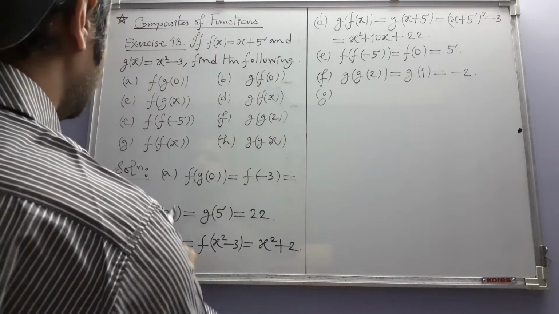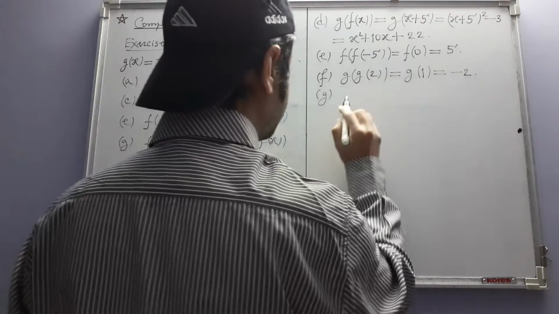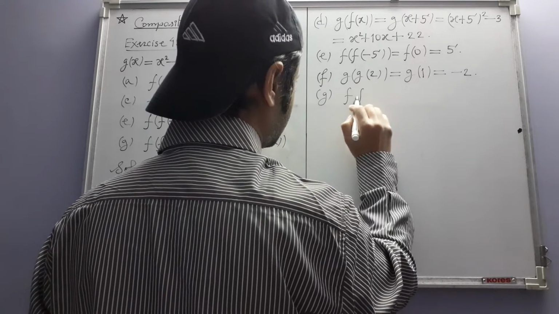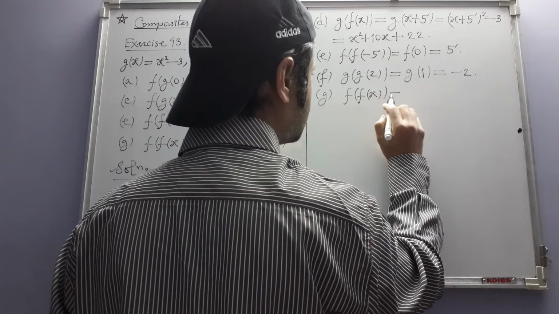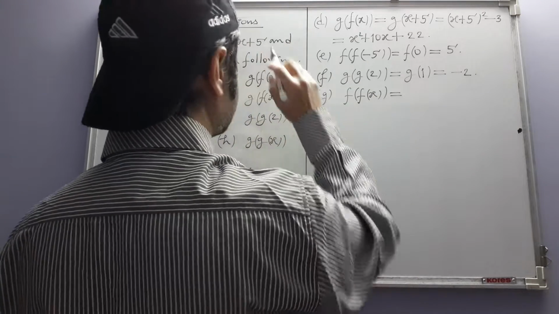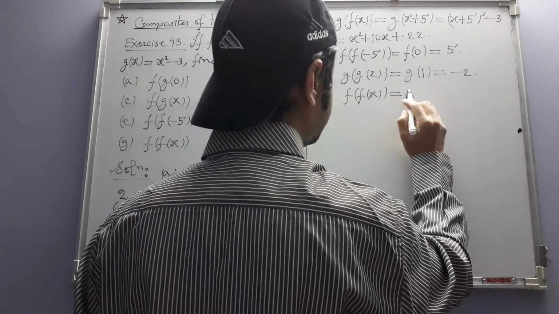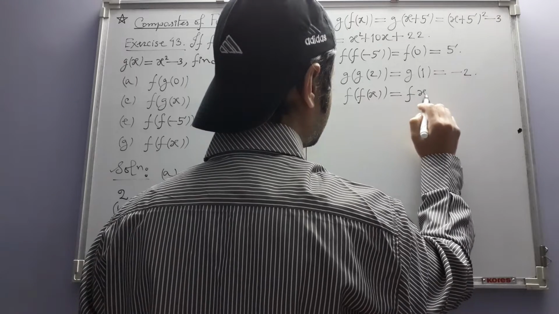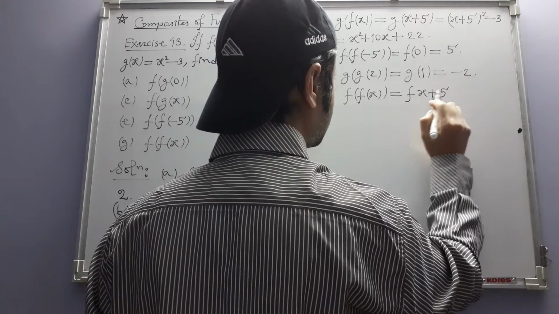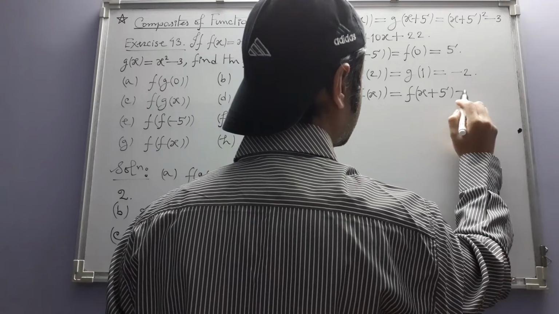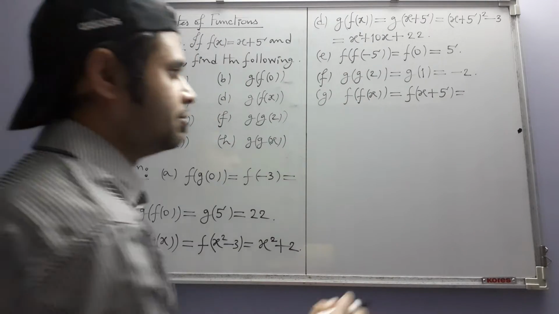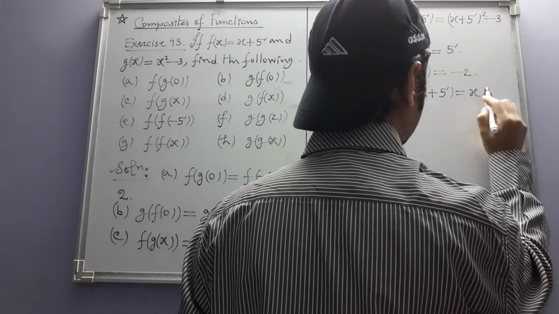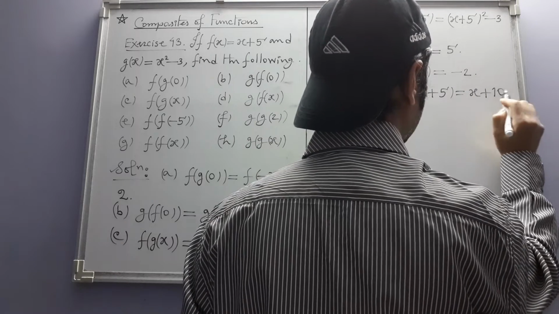Then G, f of f of x. F of x, first of all, is x plus 5. And then again we add another 5, so that means x plus 10.